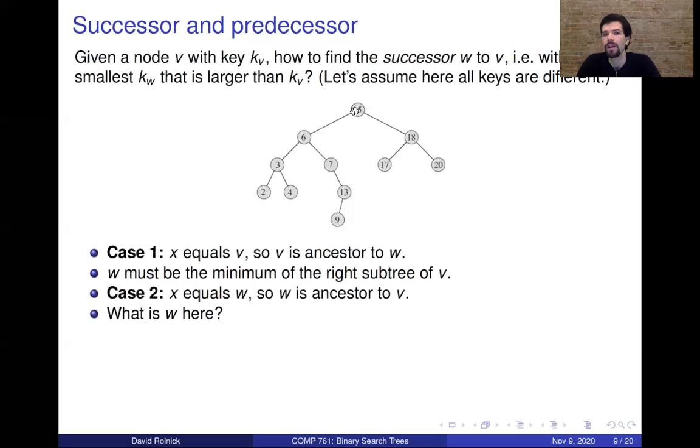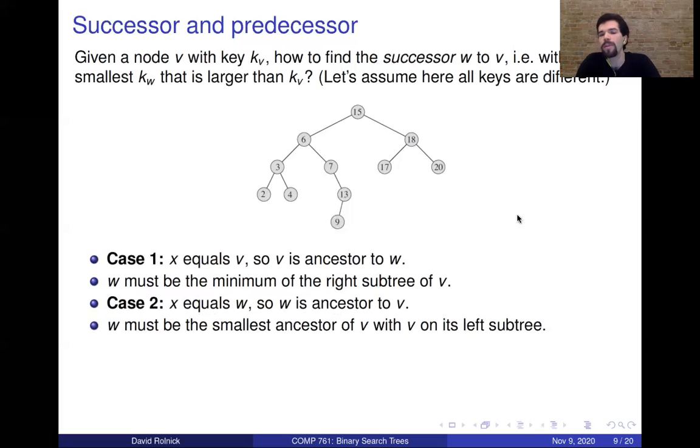If I went higher, I would have found something that's actually less than 18. So I go up until I find the first thing which is larger than the key at v. If I go up any further, then I either become less than the key of v or I get even bigger. Here I would get less than the key of v, I would go to 15, and here I would get even bigger than the key of 4 here. Does this make sense?